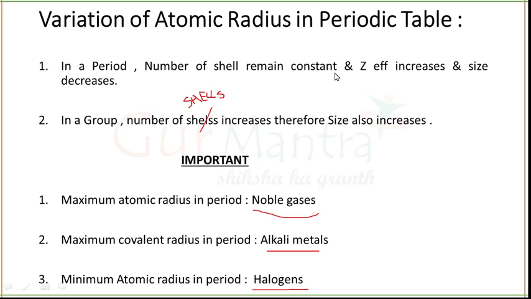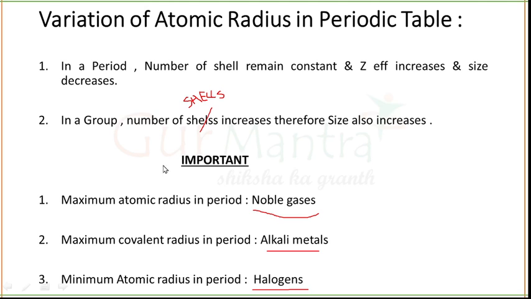As you know, Z effective and size have an inverse relationship. Therefore, when the value of Z effective increases along the period, the value of size decreases. Now, in case of a group, when you move from top to bottom along a group, the number of shells increases, therefore size also increases.